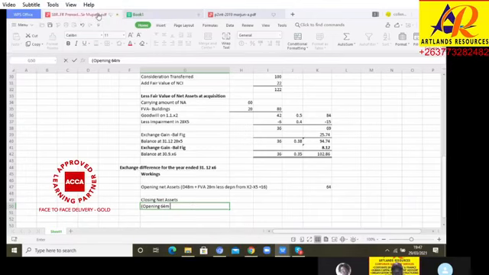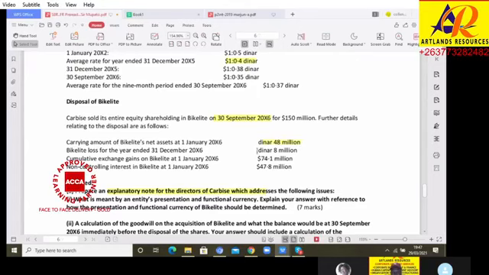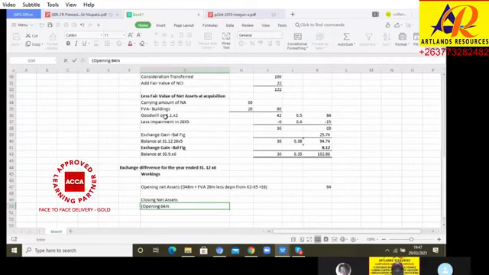We are told here that the loss for the year was 8 million. So you say less 9 months loss.